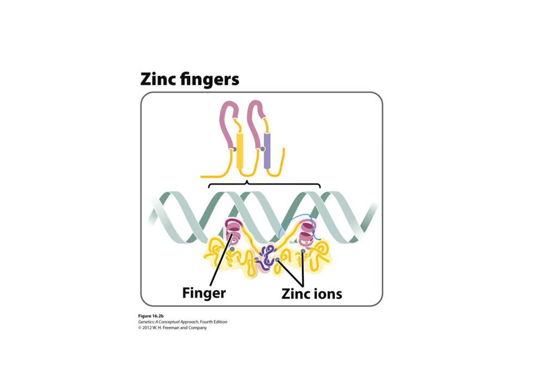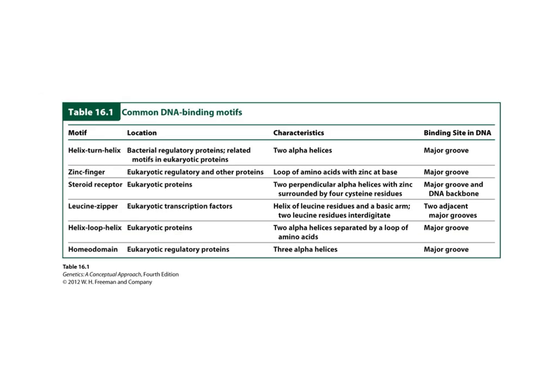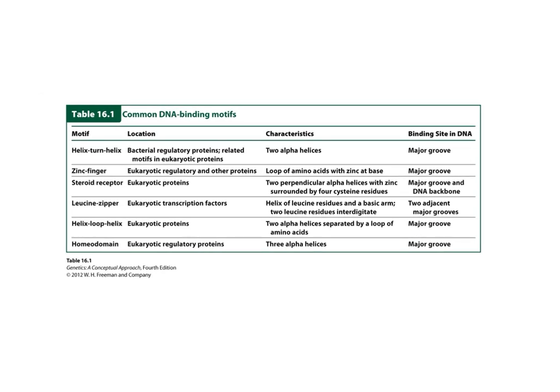Look at that guy poking right in there, and it definitely uses the metal. So we're not memorizing any of that. I just want you to know there's lots of different transcription factors out there, and they can bind the major groove, major groove and backbone, adjacent major grooves, and so on.